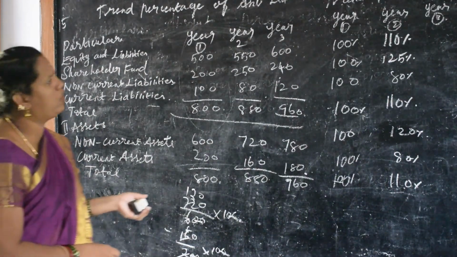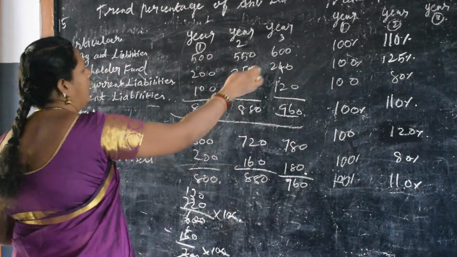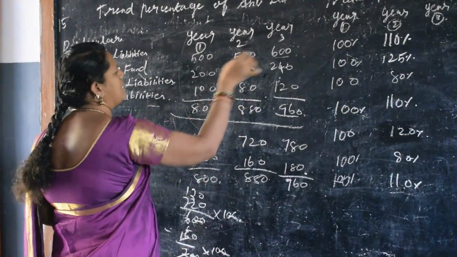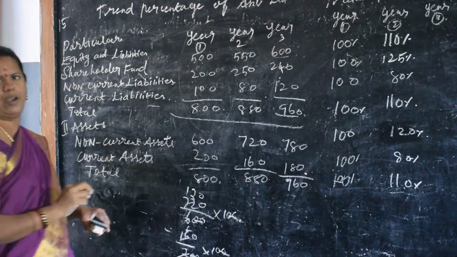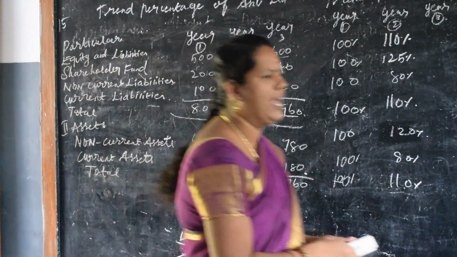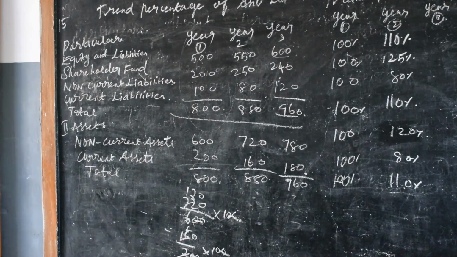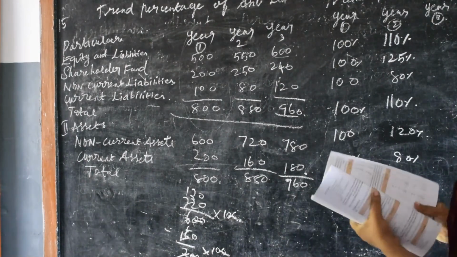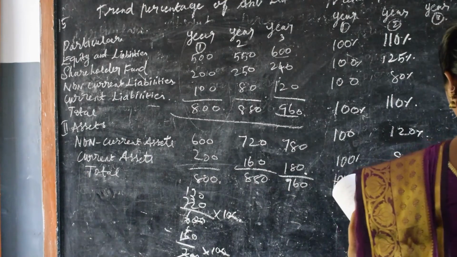Okay, next we are moving on to finding out the year 3. So year 3 you can find out now. 600 by 500 into 100. Just I am filling out. Year 3, you can fill it out.